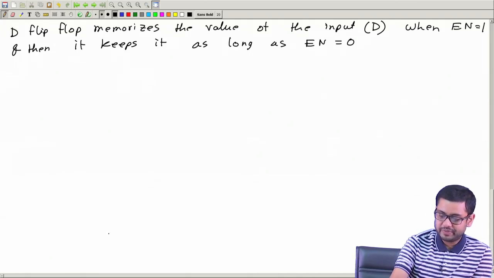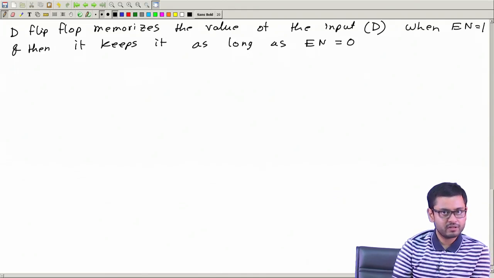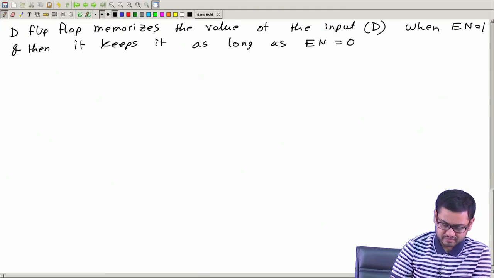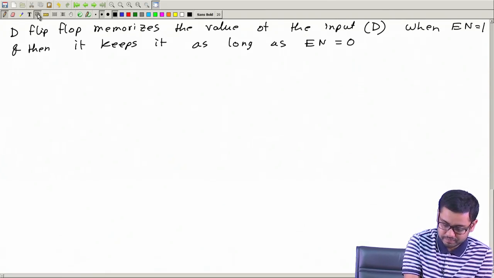So, as long as you keep enable equal to 0, if you change the value of D input, output is not going to change. Okay, good. So, next we are going to see another flip flop.